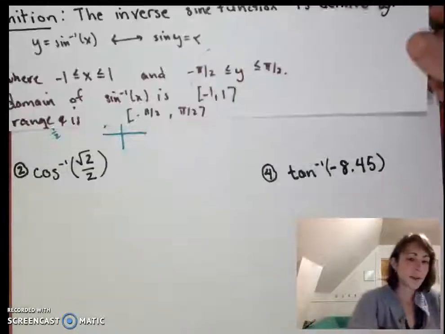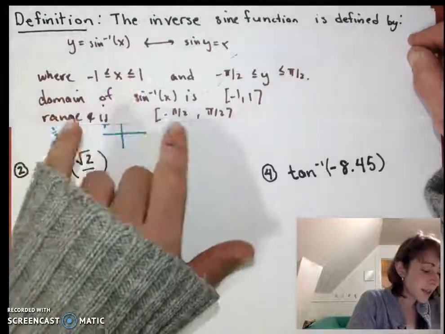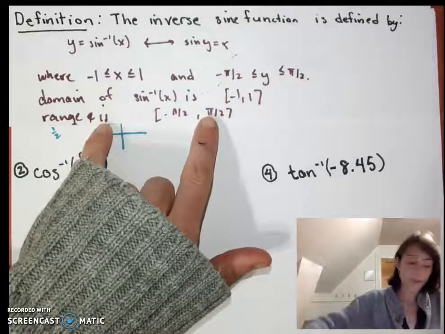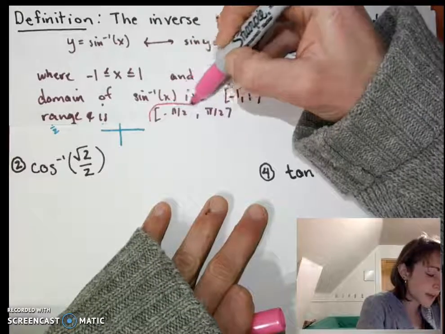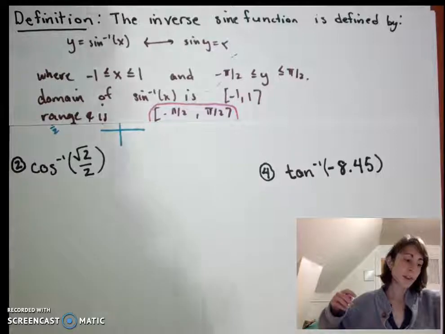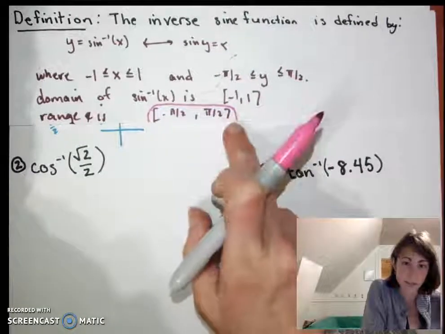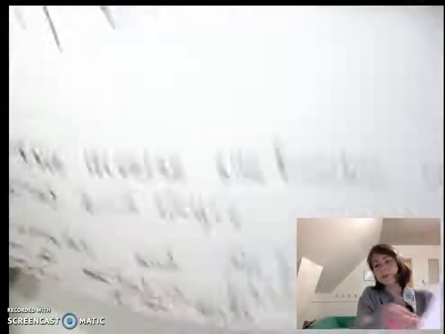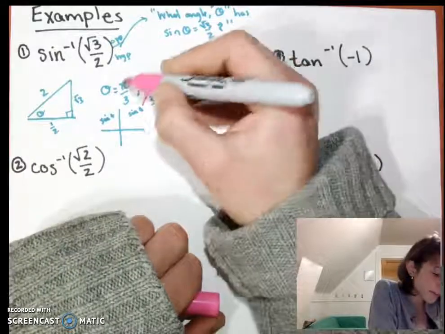We need to go back to our definition of inverse sine. We said that the range of inverse sine is between negative pi over 2 and pi over 2. So the answer is the angle which falls between negative pi over 2 and pi over 2, which rules out 2 pi over 3.